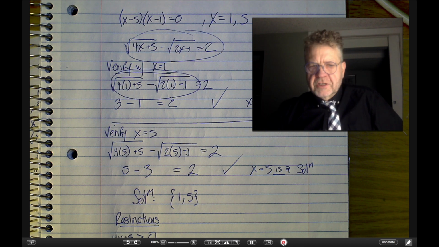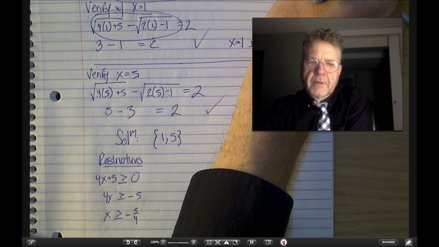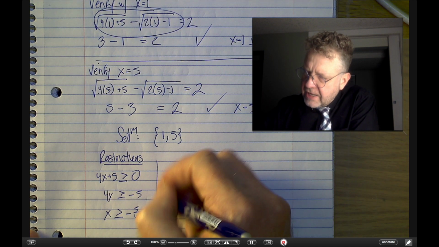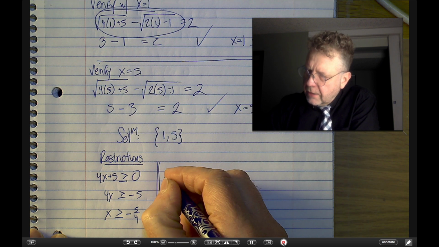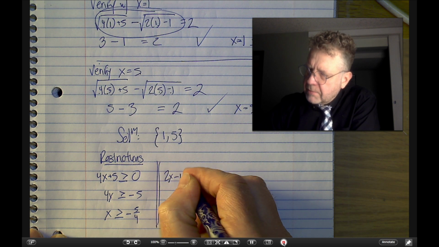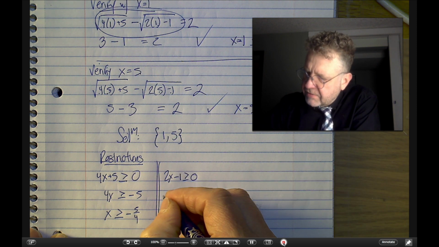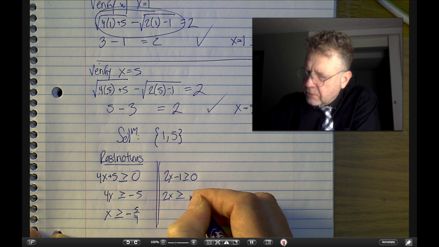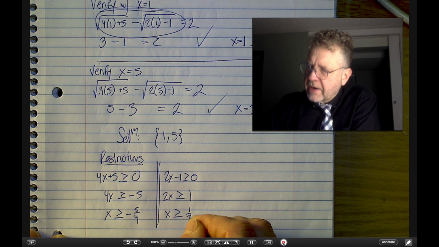There's one of your restrictions. And I know you've lost sight of that, so I'll just scroll up. All right, let's do the other restriction now. Over here, 2x minus 1 must be greater than or equal to 0 because it can't be negative, which means that 2x must be greater than or equal to 1, which means that x must be greater than or equal to 1/2.